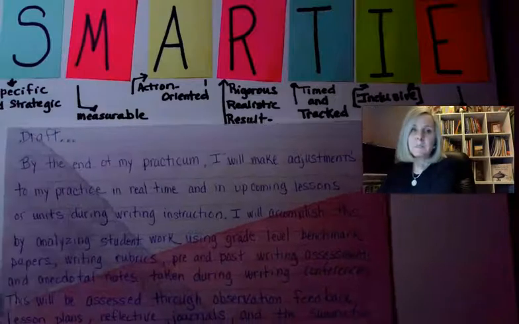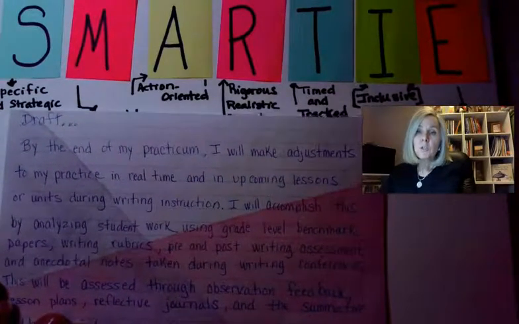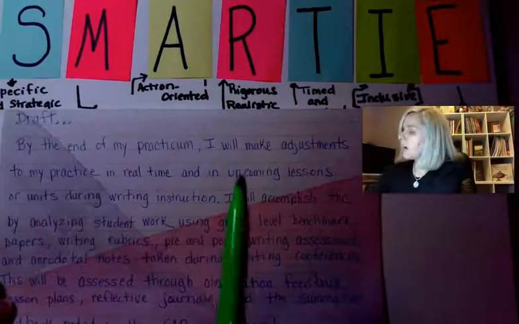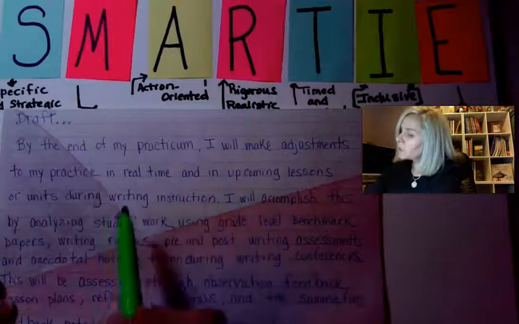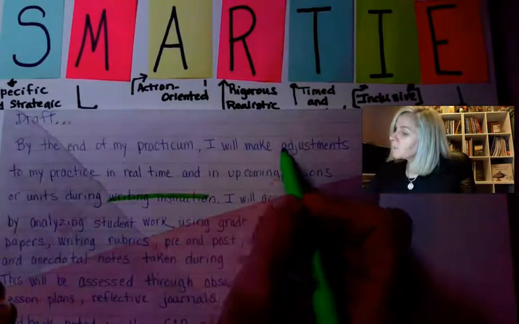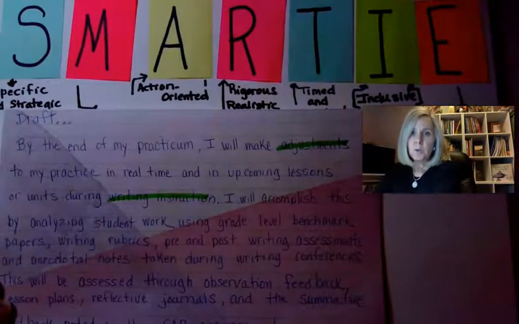So is it specific, right? Am I working on something specific? So if I think about the specificity of this goal, it's going to be really during writing instruction, right? And I'm really working on that element of adjusting my practice. So those are two things that are very specific.